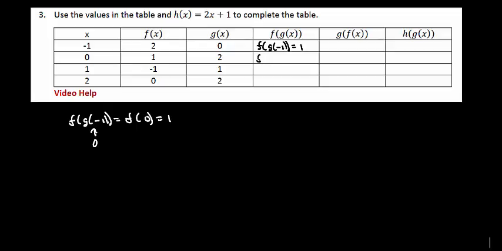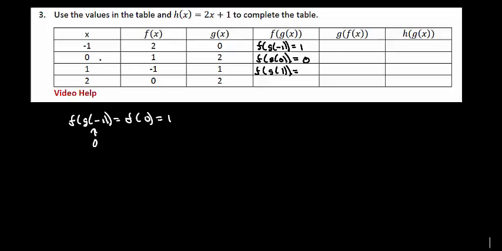This next one says, what is f of g of 0? So we say, okay, what is g at 0? Well, g at 0 is 2. And we take 2 and we plug it into f. So what is f at 2? It's 0. Just like that. Let's do the next one. f of g of 1. That means g at 1 is 1.